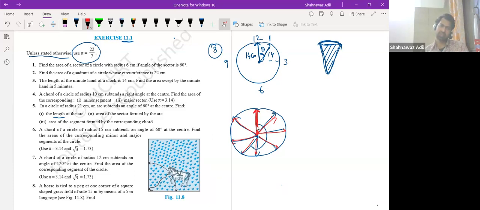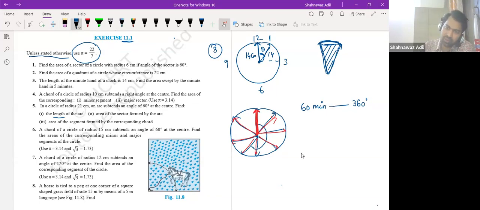So the minute hand is moving. So in 60 minutes, this minute hand makes a complete rotation, right, guys? Yes, sir. So which means that in 60 minutes, this minute hand completes a 360-degree angle, correct?